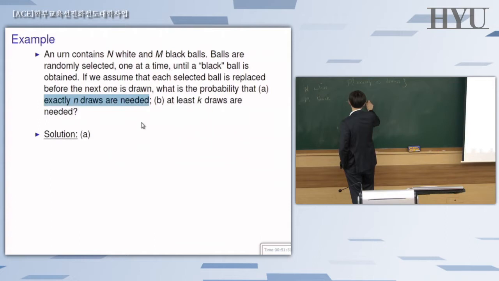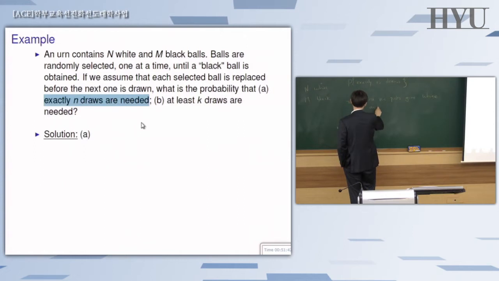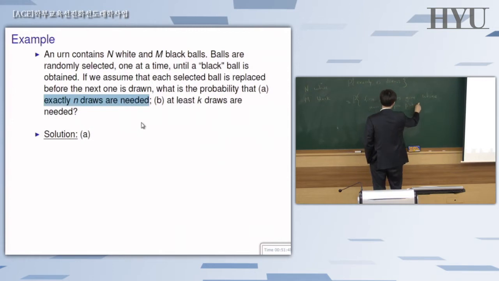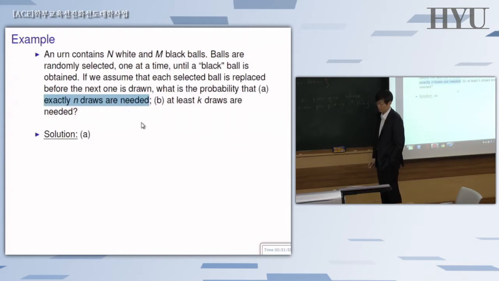Right. So basically, first n minus 1 pickups will give you whites, and then the nth one, which is the very last one, will give you the first black. So what's that in probability?